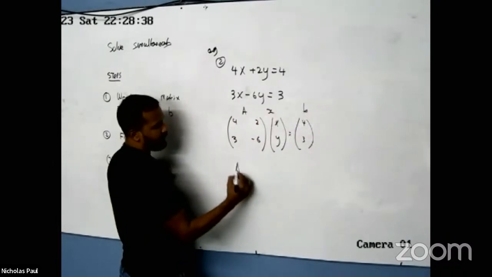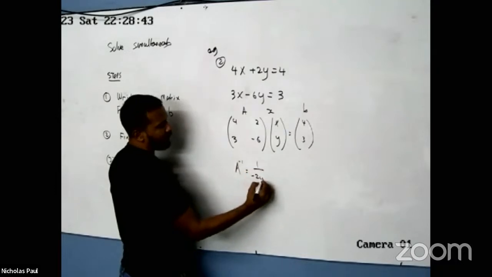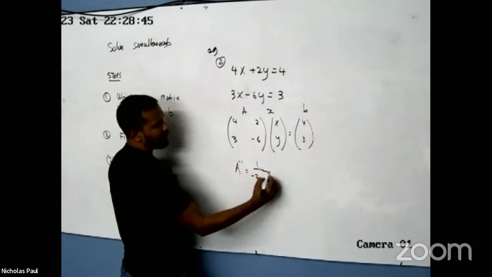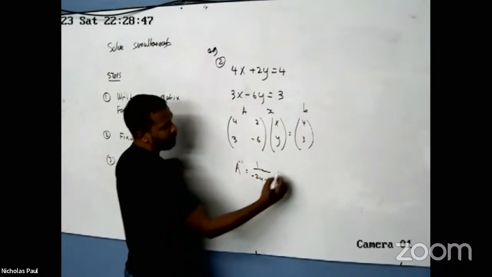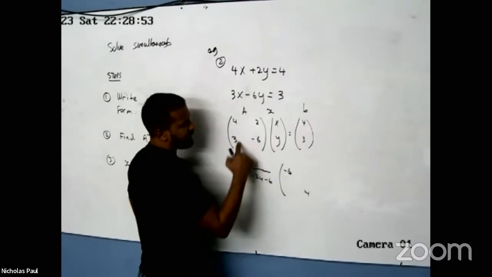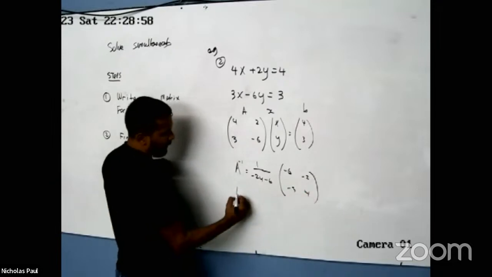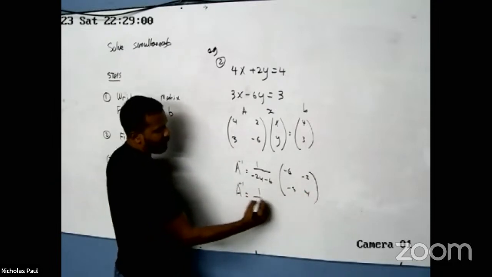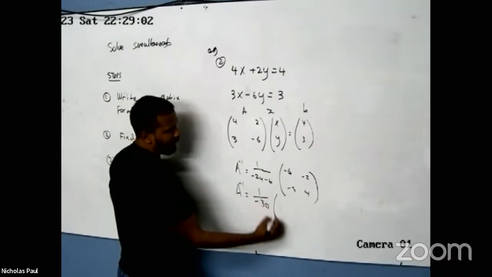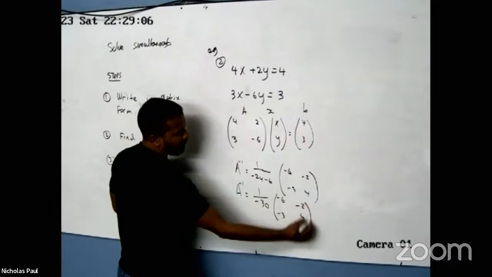So finding the inverse of A, that'll be 1 over minus 24, 2 minus 3 is 6. By switch the values around. Switch the values around and change the signs here, right? So you'll end up with A inverse is equal to 1 over minus 30 by minus 6, minus 2, minus 3, 4.